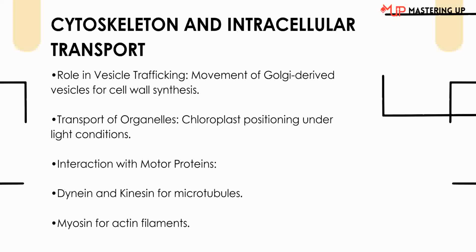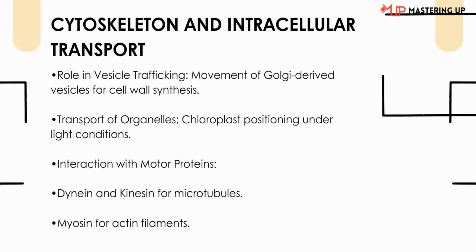The second is the transport of organelles. Chloroplast positioning under light conditions. This point talks about the cytoskeleton also helping in positioning organelles like chloroplasts within the cell.